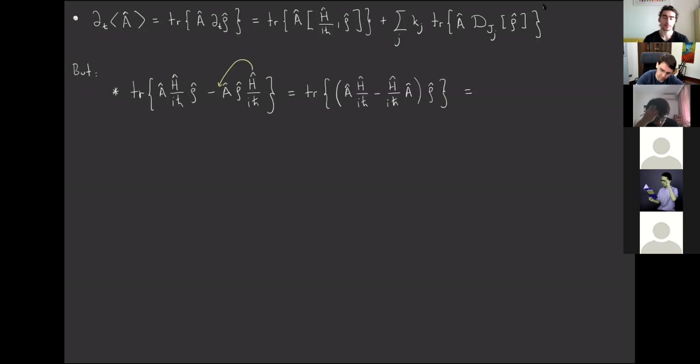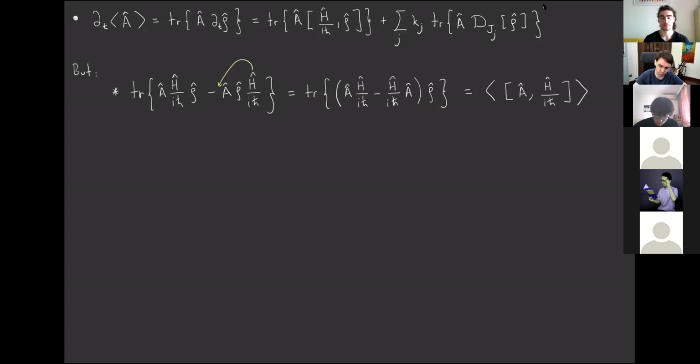And what is this? This is just the commutator of A with H, okay? And we have the trace of rho. So this is just the expectation value of the commutator of A with H divided by i h bar.